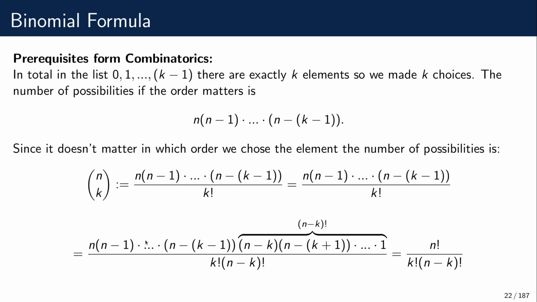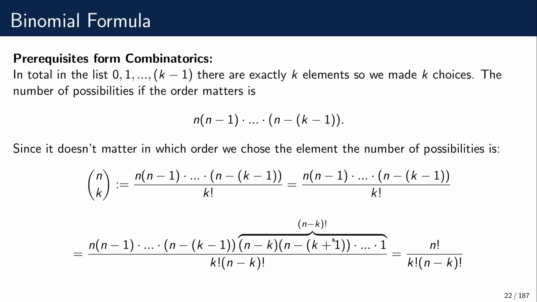So now let us do this trick to write it in a neater way. What I'm doing here is that we have n times n minus 1 times up to n minus k plus 1, and then for the next element, suppose that I want to continue and make it go all the way down to 1. So I need to subtract n minus k, and then n minus k minus 1, etc., till I get to 1.